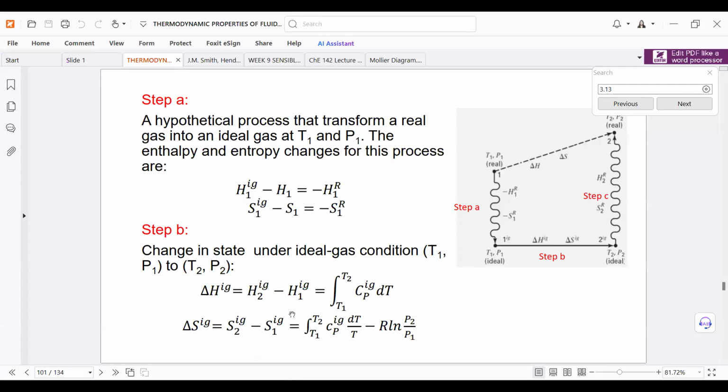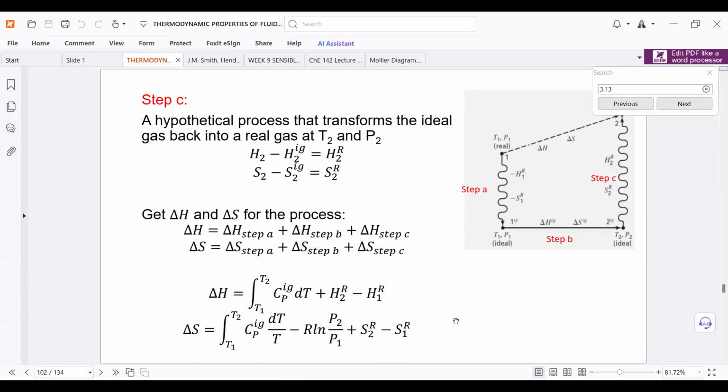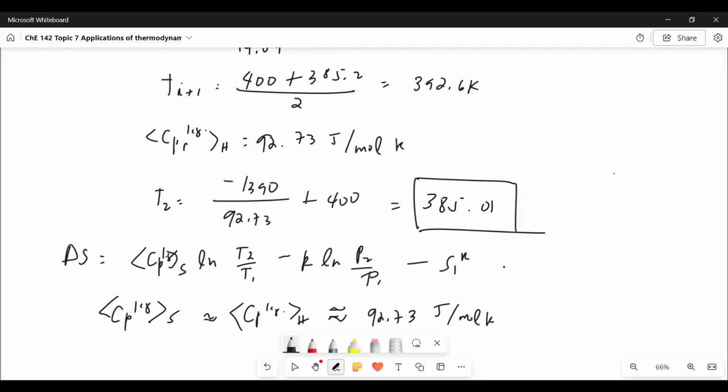This one. Okay, this is the equation. I hope that's clear. There's also a plus S2R there, but since we assume that the outlet can be treated as an ideal gas, that is zero.